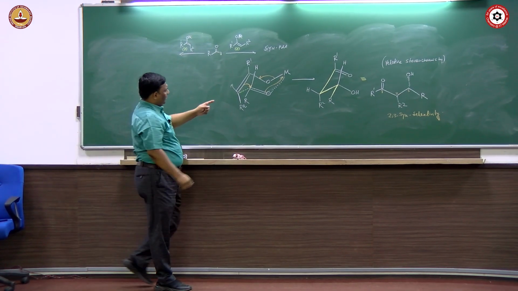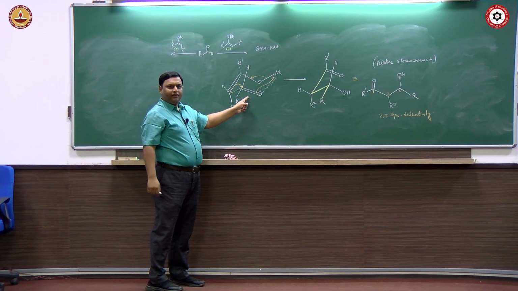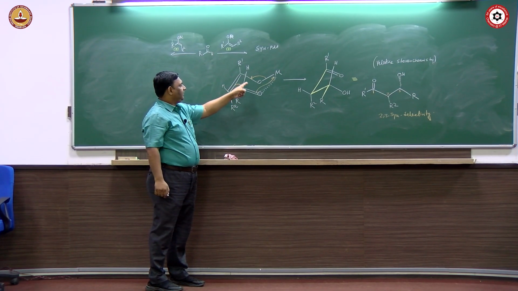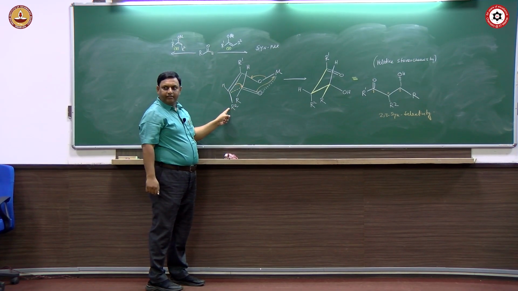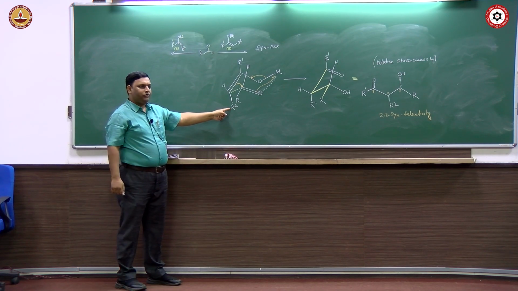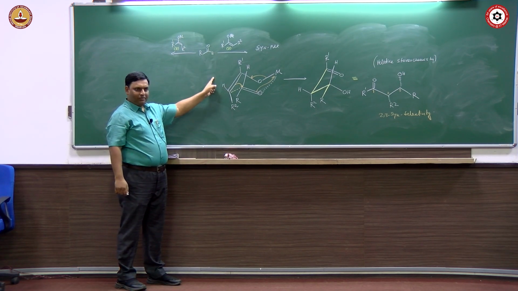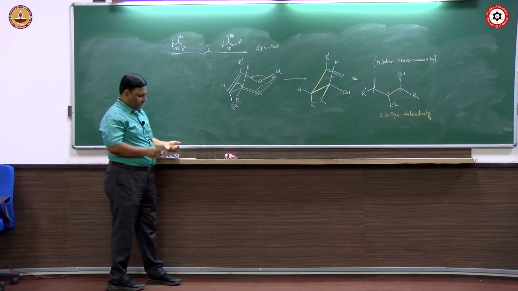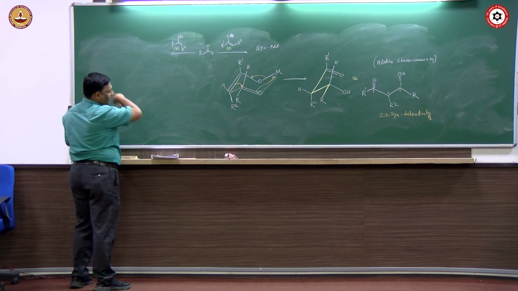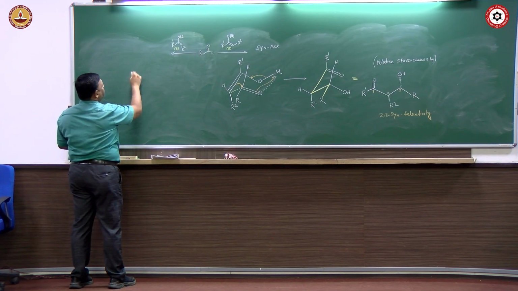So I will try to draw the same thing. This is the Z enolate, oxygen, and R is here. On the E enolate, what is going to happen? This R would be on this side and hydrogen will be on the downside. So we can draw the same one and see what is exactly happening.